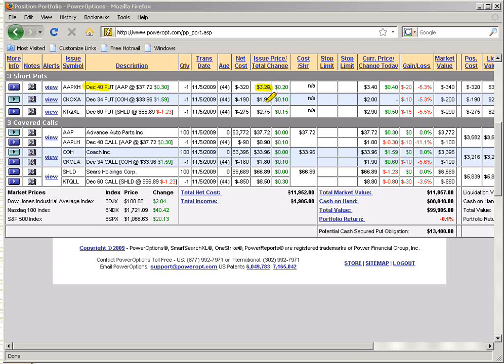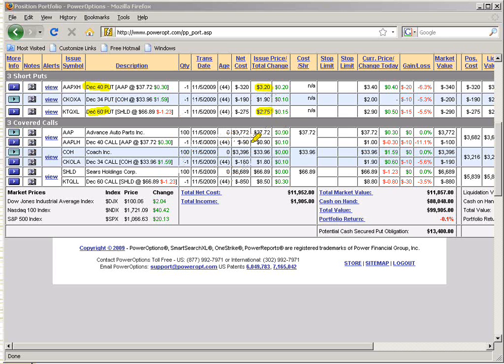But what's the difference? Remember when we looked at the in the money covered call, we sold a call that was below the strike price. We collected a high premium because we collected both intrinsic value and time value. Well, compared to the out of the money put, parity trade for the Sears 60 strike put, that 275 was all time premium. There was no intrinsic value.